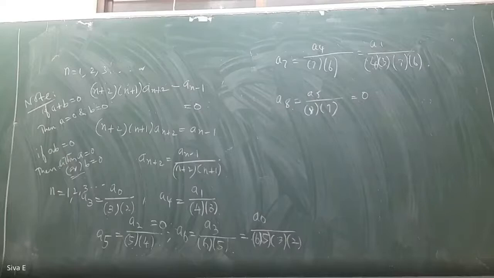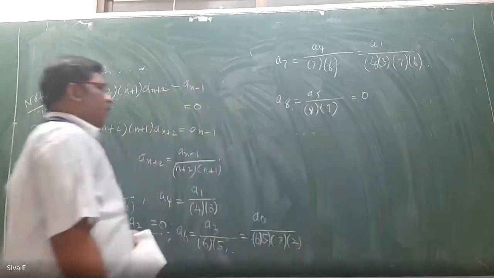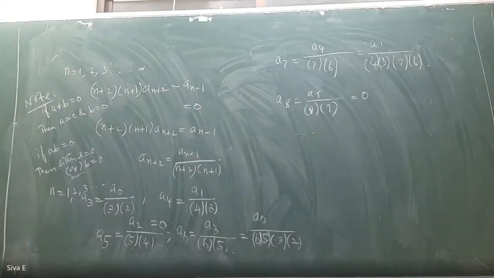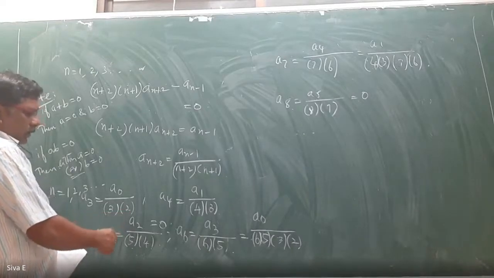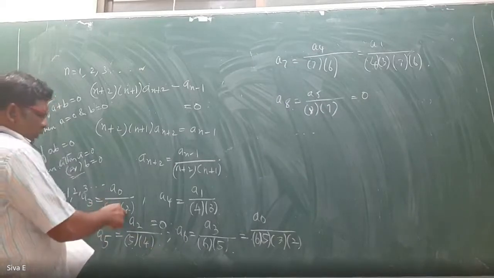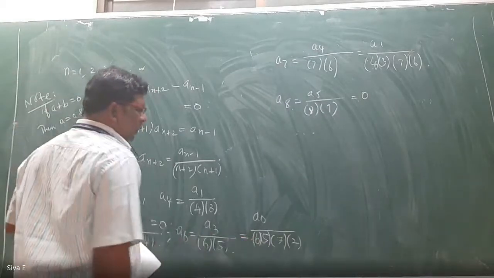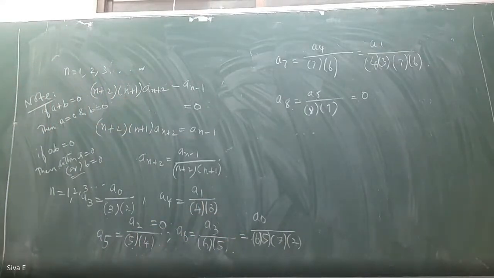From the recurrence relation, can you tell me the general format? Are you able to write it? The beginning is 3 into 2, then 6 into 5, a0 by 3 into 2, 6 into 5, continue like that.